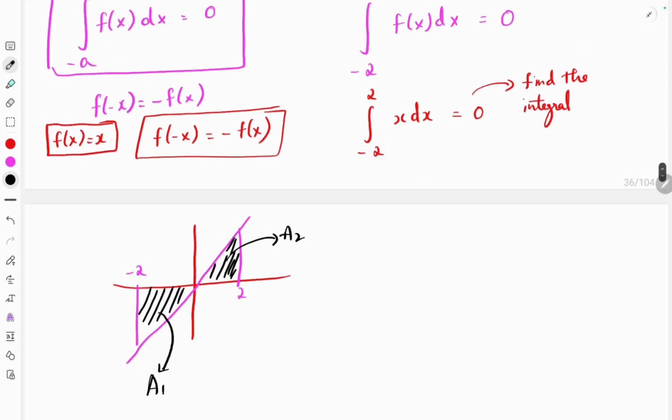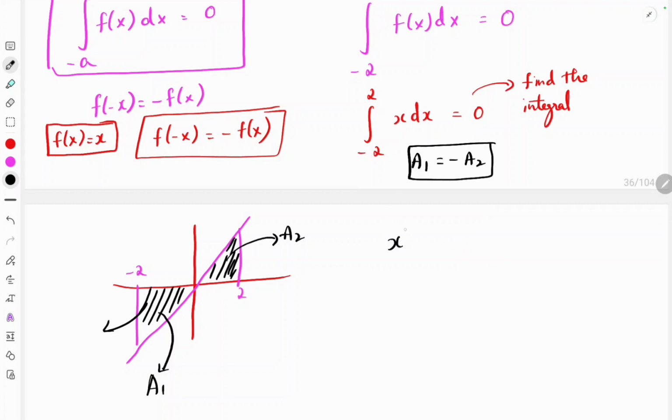In the integral we will get this answer as 0, because a1 will be equal to negative of a2. Suppose I take this as minus 5 integration value, and this will be 5. So minus 5 plus 5 will be equal to 0, but here in this area part it will be 2 into 5, which is equal to 10. So that we have to calculate.